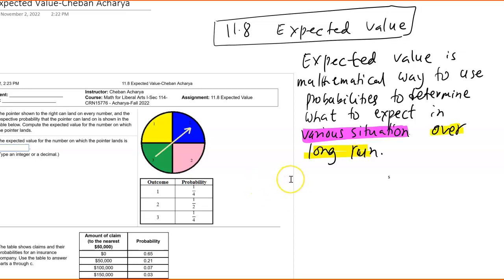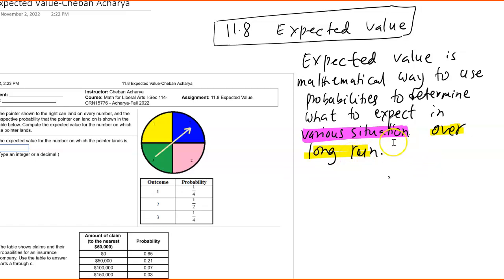The various situations include determining the insurance premium for an insurance policy, weighing the risk versus the benefit for alternatives in a business venture, and finding what happens to the player of any game of chance if the game is played repeatedly.